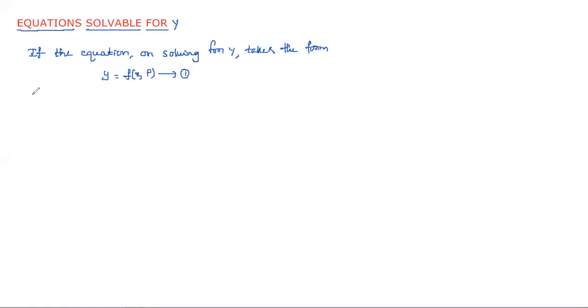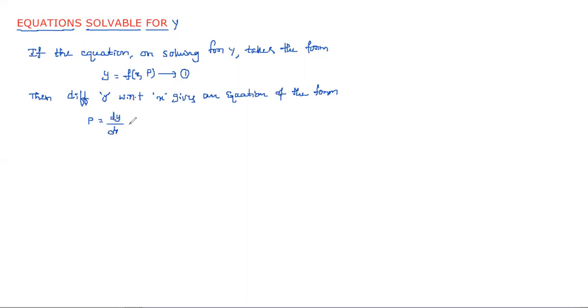And next step, what we need to do is differentiate y with respect to x. Differentiating y with respect to x gives an equation of the form p is equal to, where p is nothing but dy by dx.